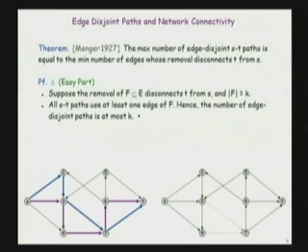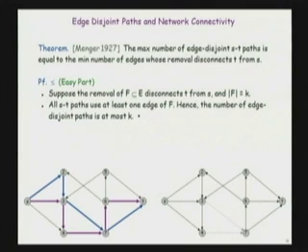The theorem, which is often called Menger's theorem, says that in any directed graph, the maximum number of edge disjoint S-T paths is always equal to the minimum number of edges whose removal disconnects the graph. Menger's theorem says the disconnection value is equal to the connection value. Okay? So let's see if we could prove this.